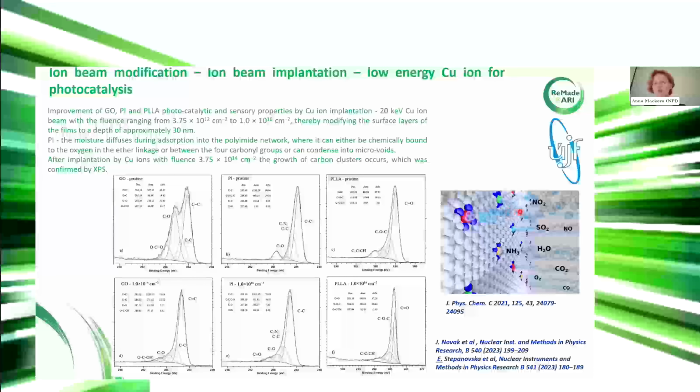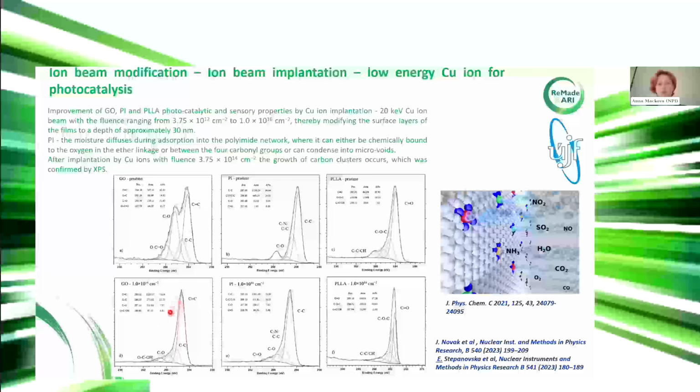Each molecule, depending on the symmetry of these sites created with copper in these vacancies, will rather absorb nitrogen dioxide, sulfur dioxide, methane, water, or whatever. In our case, the copper was predicted to be mainly very effective for methane and humidity. It means water molecules.